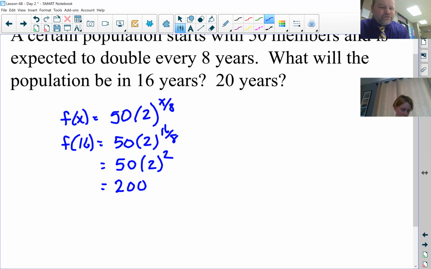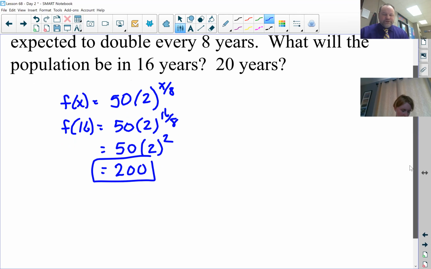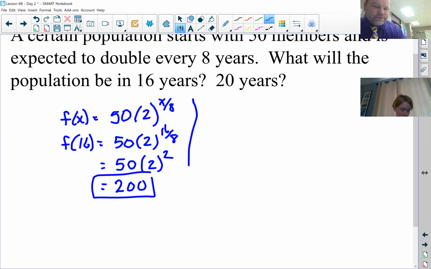So we would have 200 members in our population. Again, we're assuming that this growth rate takes into account any organisms in that population that don't make it. But I wanted one that came out as a very easy integer power, but they won't all be like that.